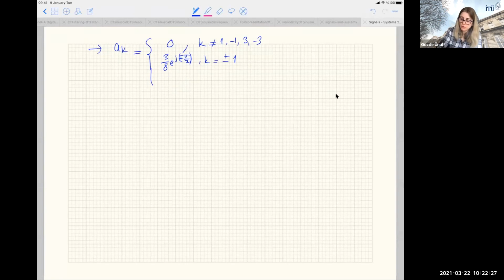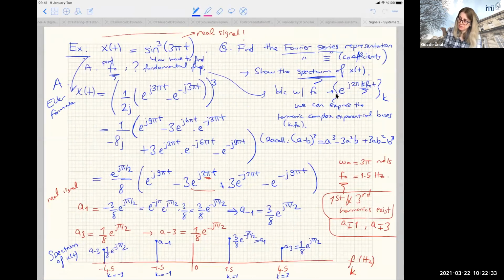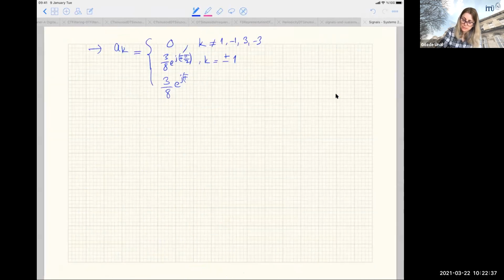The same thing for these guys, e to the j plus minus, this time it's plus for the A3, 1 over 8. Okay, this was 1 over 8, plus minus 3. So these are the Fourier series coefficients of x of t.